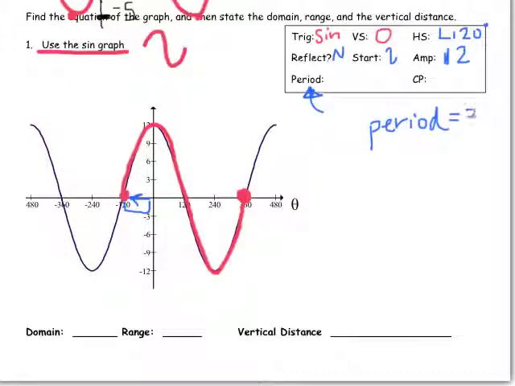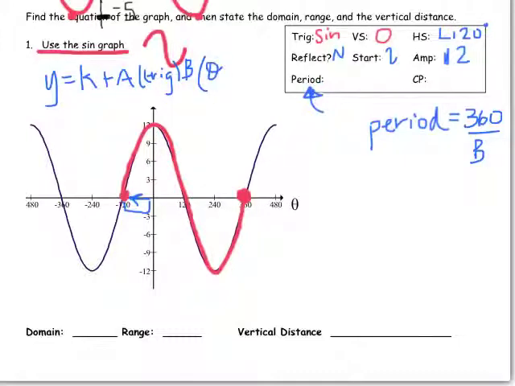The period is equal to 360 over b. Let me just write this out really quickly. K plus A trig b theta minus h. So what I'm looking for is this b value right here.